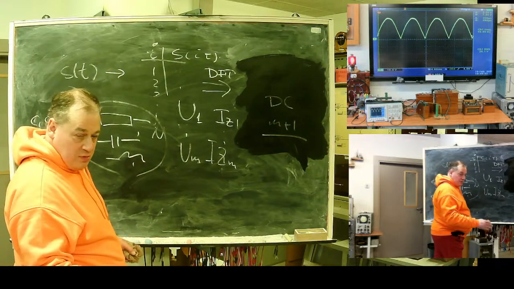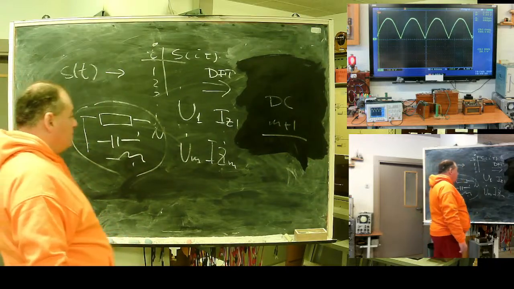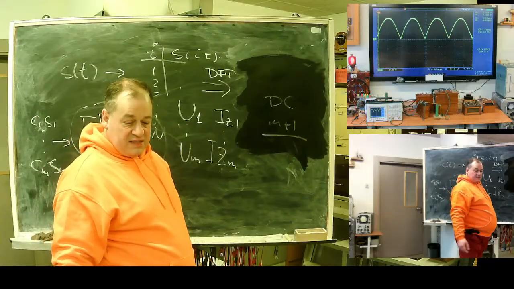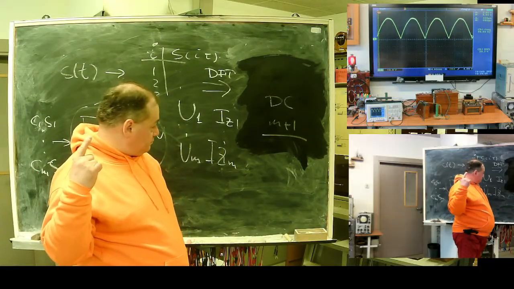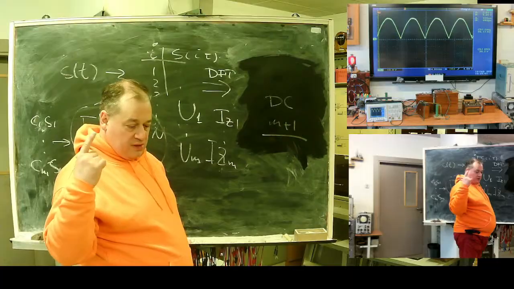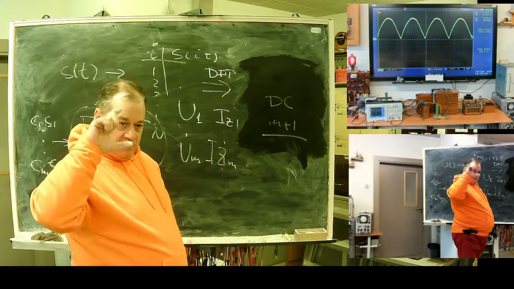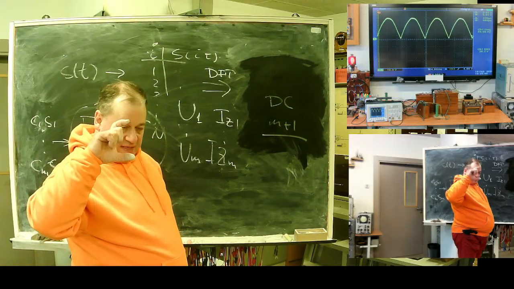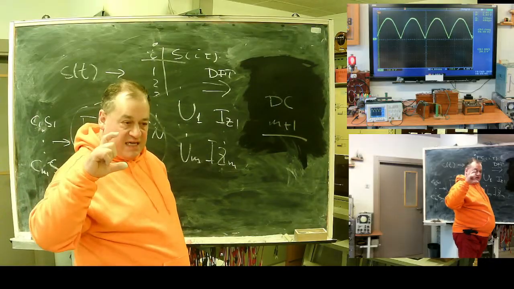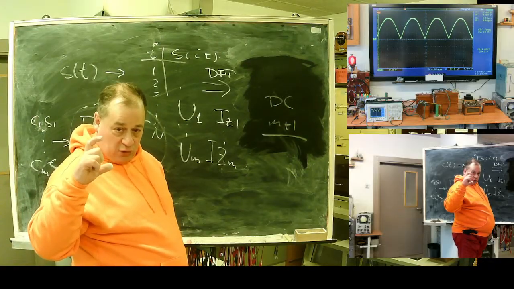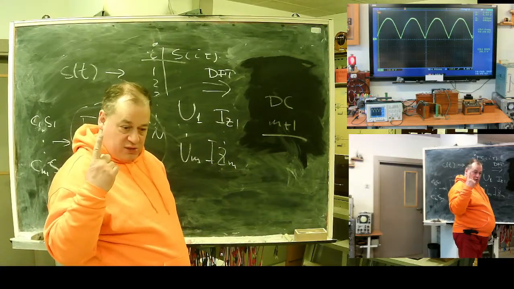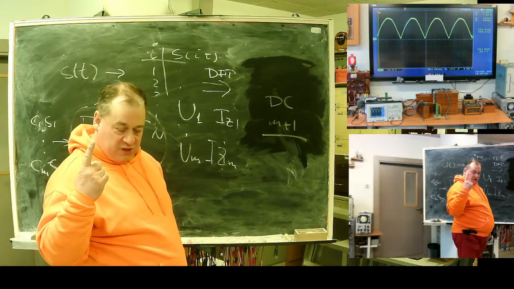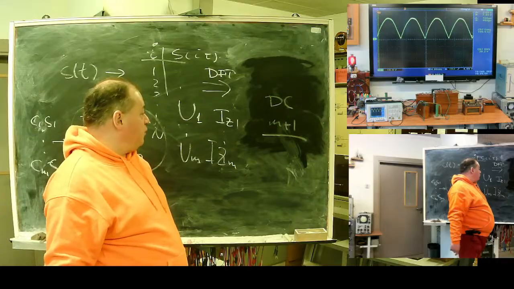It will be M plus 1 regimes. As a result, I should get the number of AC harmonics, AC circuits solved, plus one circuit for DC mode.